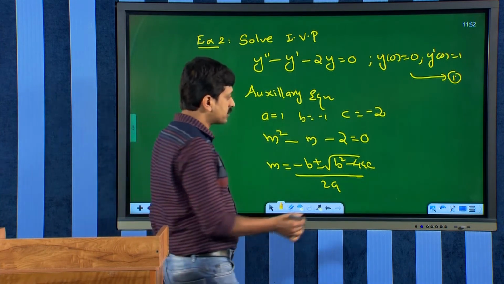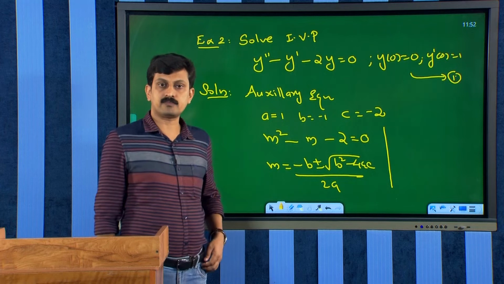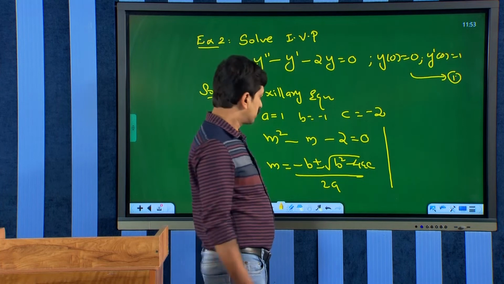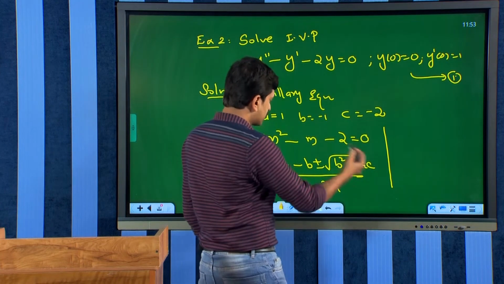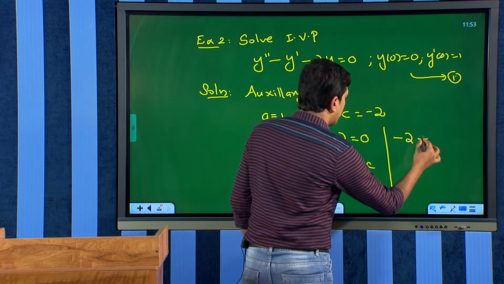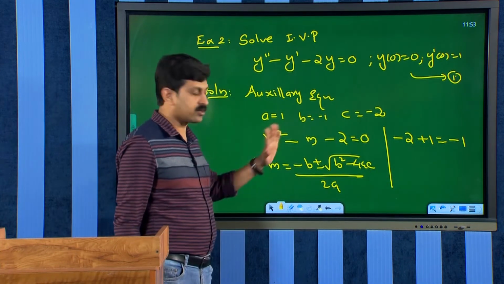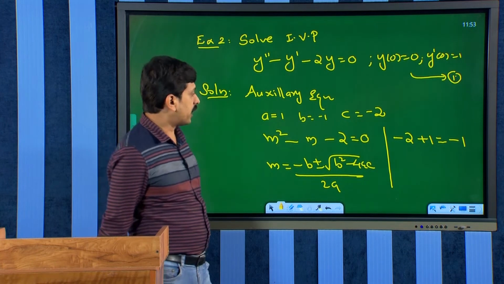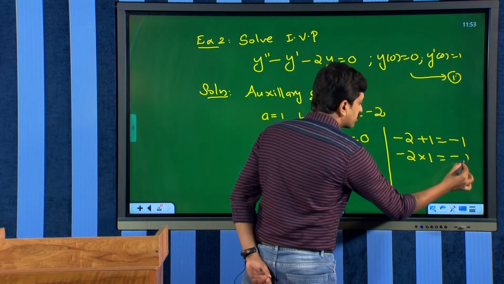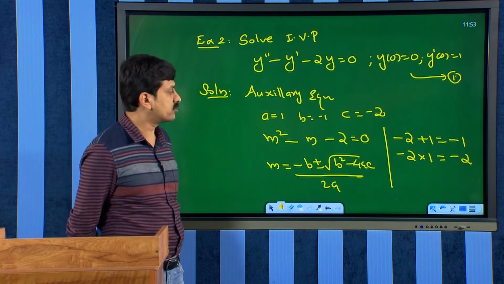But maybe simply we can consider two values whose sum will be the coefficient of m and whose product will be the constant term. Those values are minus 2 plus 1 equal to minus 1, that is the coefficient of m, and minus 2 into 1 is equal to minus 2, that is the constant term.